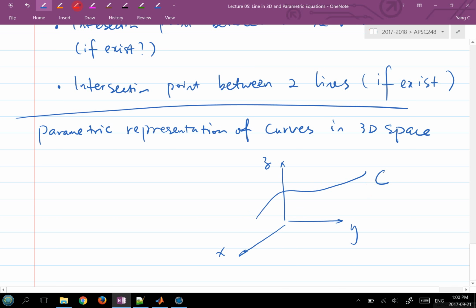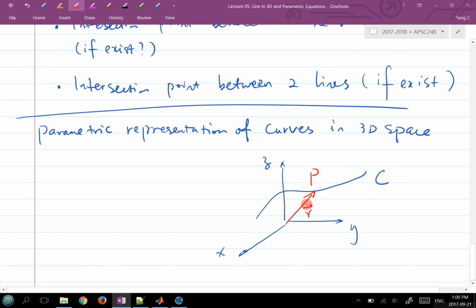If I pick a point on the curve, which represents the coordinates of a certain moving point, and connect the origin to that point P, you get the so-called position vector.